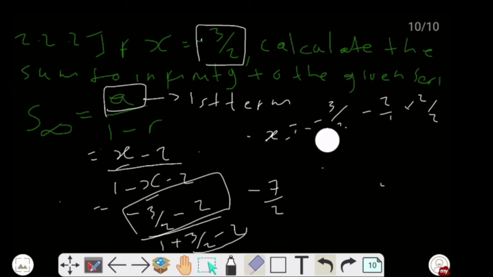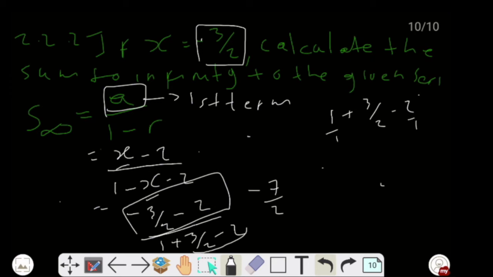Let me just quickly take this out. At the bottom you do the same, so it's 1 plus 3 over 2 minus 2. The LCD, let me just write it so it can be clear.